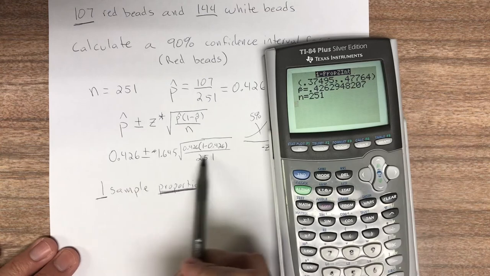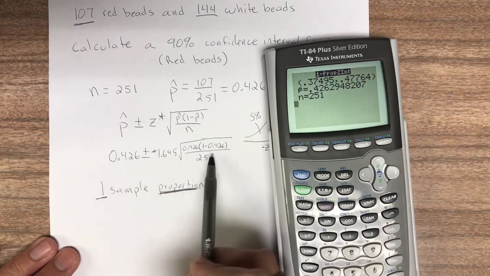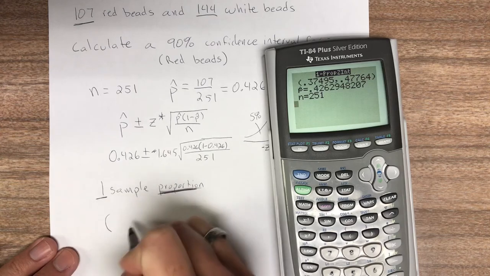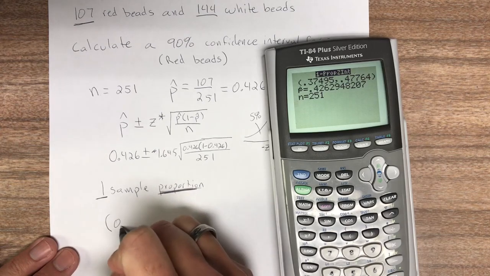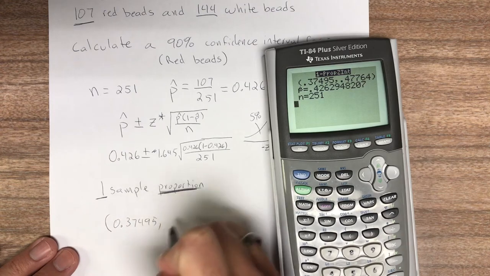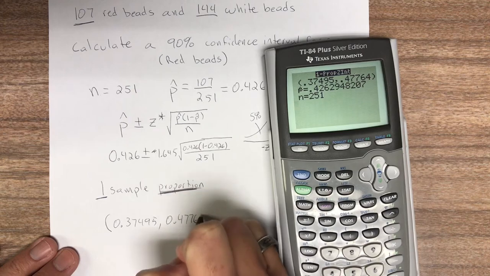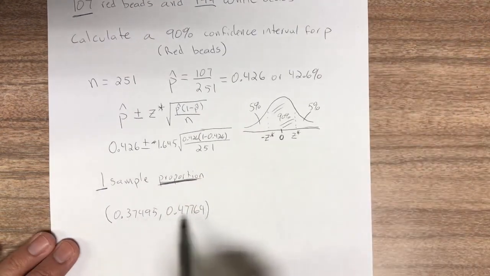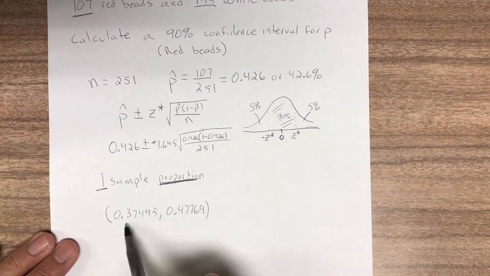So all of this formula that we did right now, if you do the math and use your calculator, you will get one number to be 0.37495, and the other one is going to be 0.47764. Even though we have parentheses, this is not an ordered pair, it's not a point, you're not going to graph it.